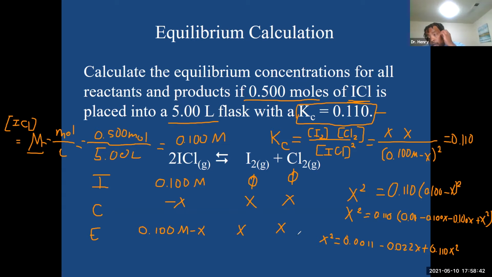Okay, so then we bring it all on this side of the equation. So we'll get 0.89 x squared plus 0.022x minus 0.0011 equals 0.